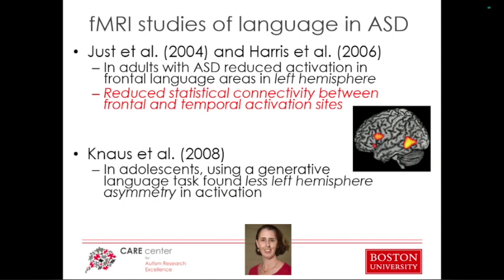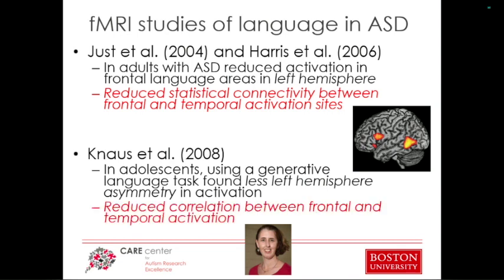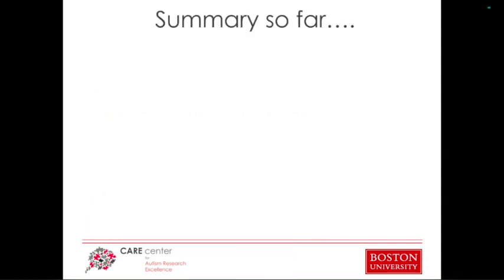Again, here we found less left hemisphere asymmetry, so it seemed the adolescents in this production task were using both halves of the brain more equally than we would see in typical individuals. And again, we found this reduced correlation, this reduced connectivity between the frontal and the posterior parts of the brain.